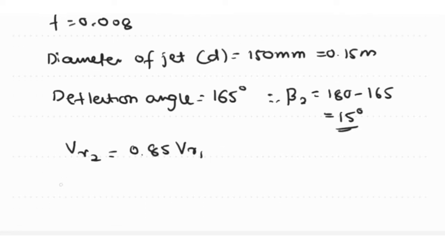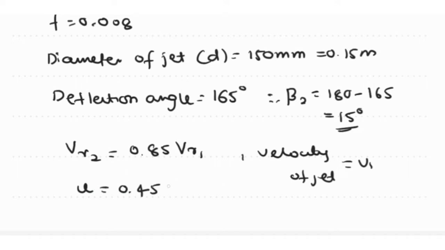And next, the velocity of bucket is given, in the question it is given as 0.45 times the velocity of jet. If you take the velocity of jet as V1, then velocity of bucket will be equal to 0.45 times the velocity of jet at the inlet. So this is how we can write it.